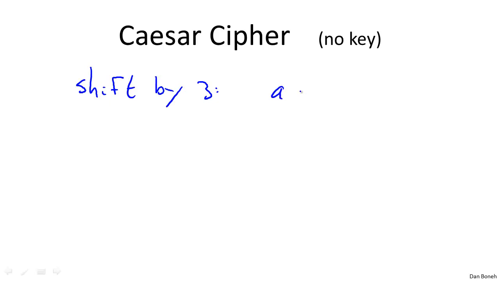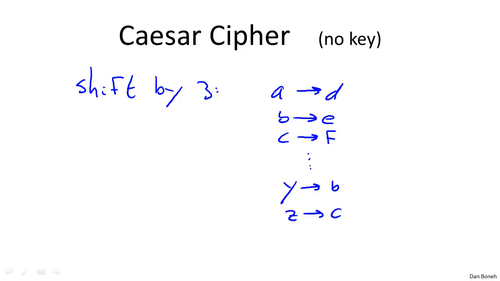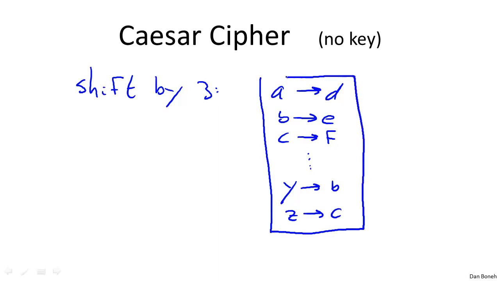So A becomes D, B becomes E, C becomes F, and so on, Y becomes B, and Z becomes C. It's a fixed substitution that's applied to all plaintext messages. So again, this is not a cipher because there is no key. The key is fixed. So if an attacker knows how our encryption scheme works, he can easily decrypt the message. The key is not random, and therefore decryption is very easy once you understand how the scheme actually works.